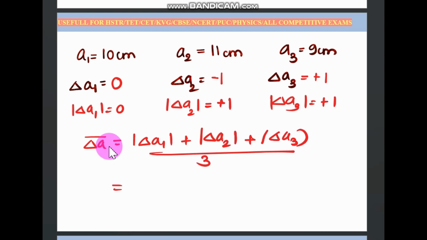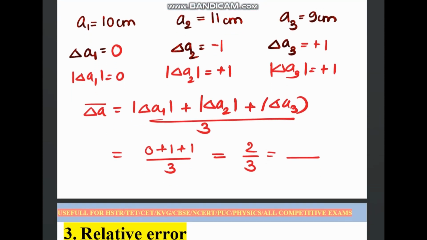If you have 5 observations, then divided by 5. So 0 plus 1 plus 1 divided by 3. Our mean absolute error is 2 by 3. If you want, you can write it in terms of decimal also. So this is mean absolute error with example.